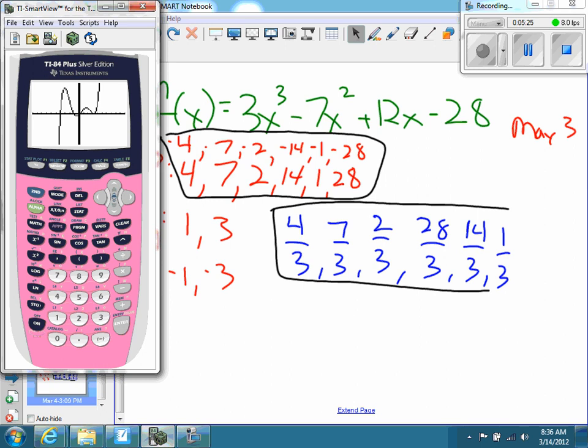So let's go y equals, and we'll clear that one out. Do you do negative numbers for this one? Yes, pretend that they're both negative and positive. Every one is going to be a negative and a positive possibility.